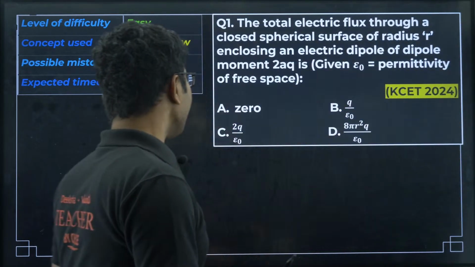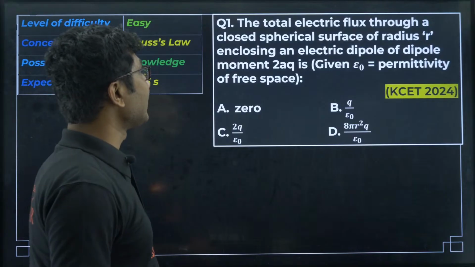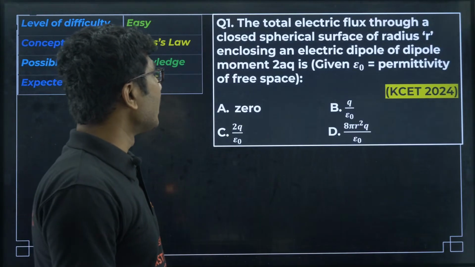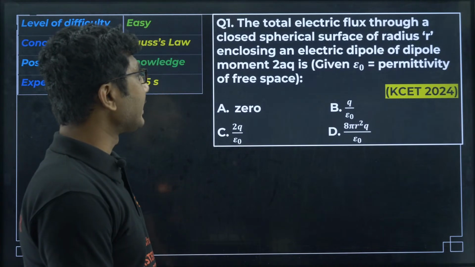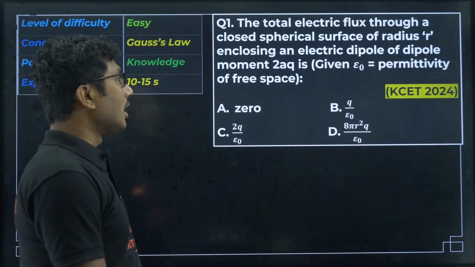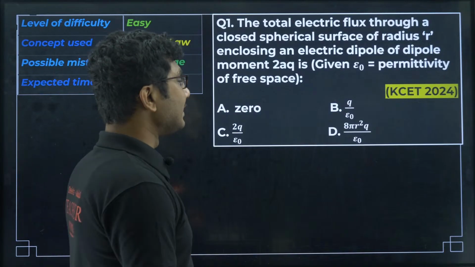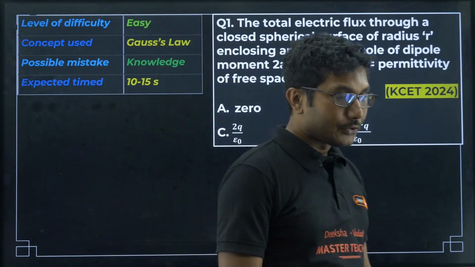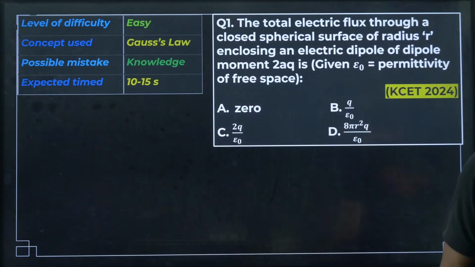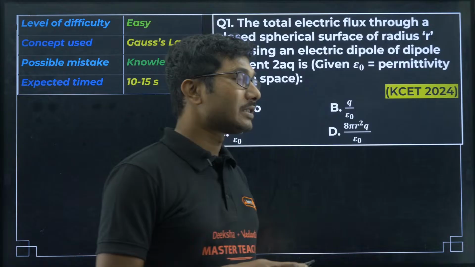Hi everyone. So solve this easy question. The total electric flux through a closed spherical surface of radius r enclosing an electric dipole of dipole moment 2aq is given. Epsilon naught is the permittivity of free space. You should easily answer this question, and whenever you answer, I will take a few answers.